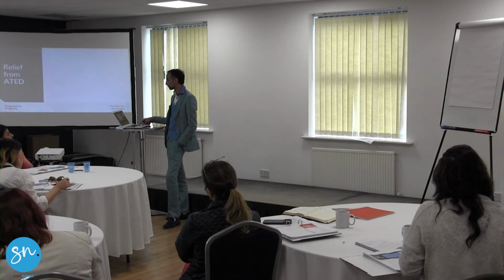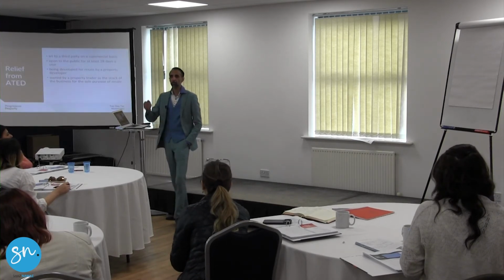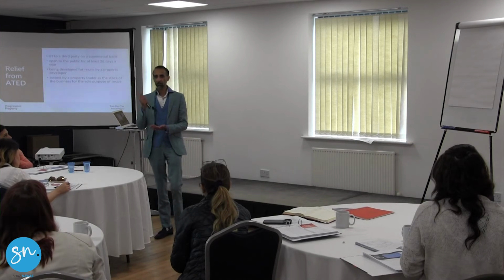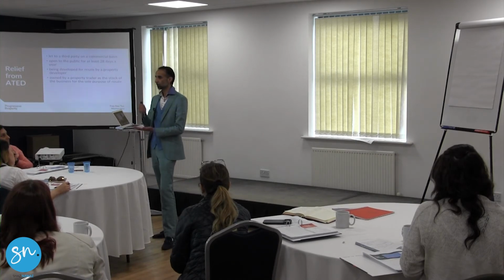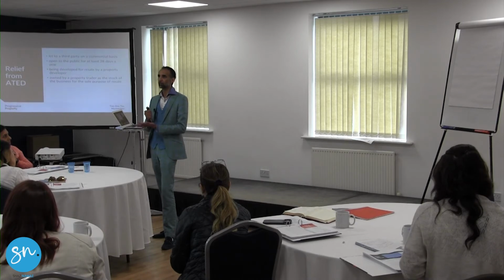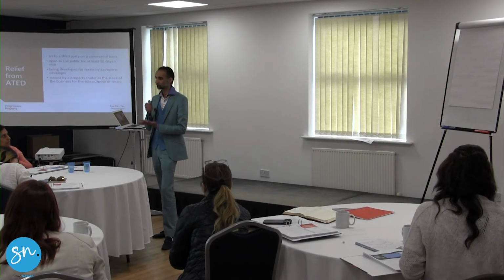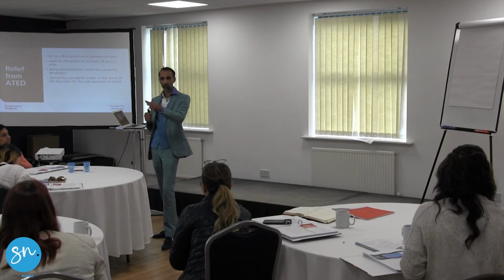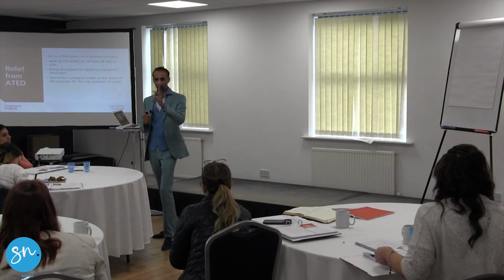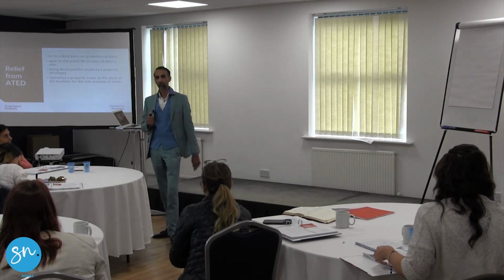Simply speaking, what you need to know is do not buy a property that you're going to live in through a company. So apart from paying ATED, if you buy a property through a company that you're going to live in, what's the main tax relief you're going to lose out on? All the capital gains. Yeah, the principal private residence relief, because that's only available to individuals and not companies, yeah?